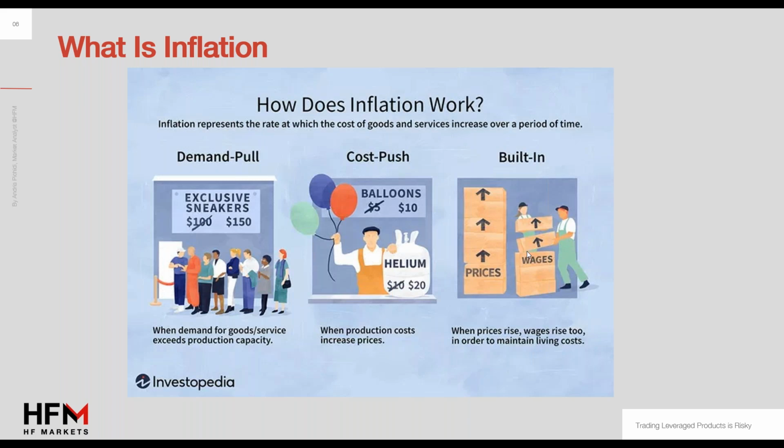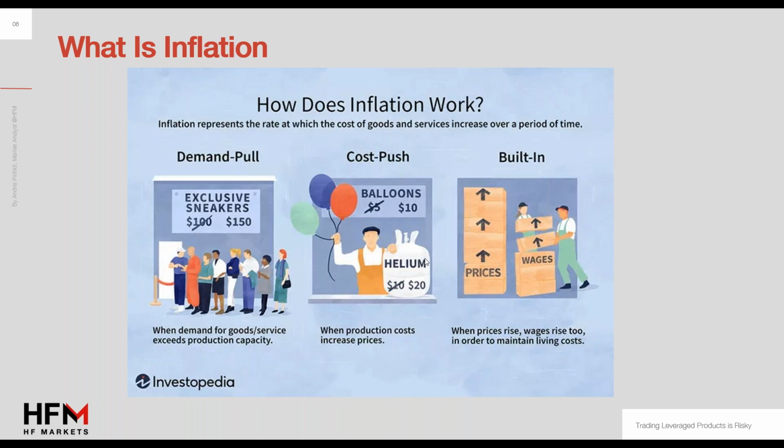When demand for goods and services exceeds production capacity, then we can see an increase in the prices of the goods and services, and this is when we have the so-called demand-pull effect.